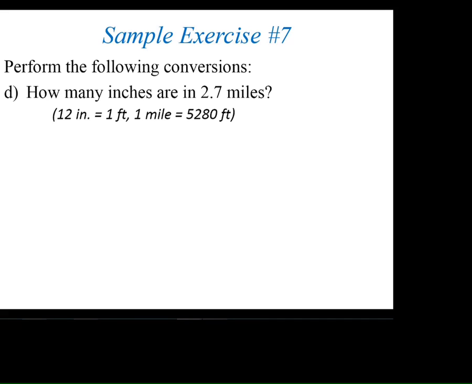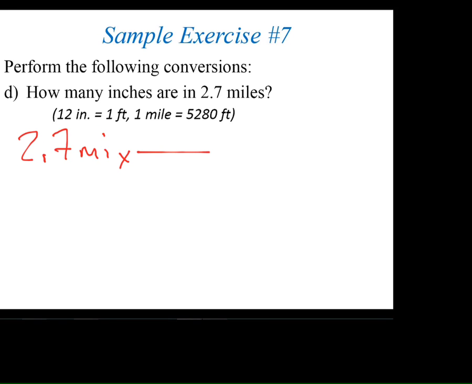So let's set this sucker up, see what we think. Okay, so we're starting with 2.7 miles, and we're trying to get to inches. So first thing, I need a conversion that has miles in it. There's one here given to me. 1 mile equals 5,280 feet. So I'm starting with miles, so I need to have miles on the bottom so it will cancel.